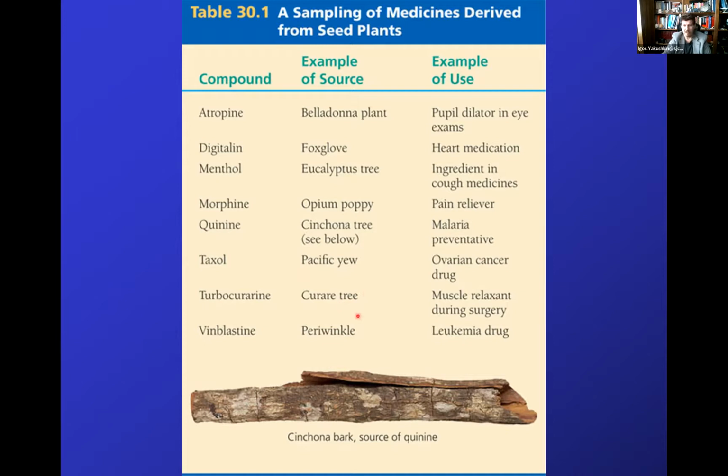Curare, a muscle relaxant during surgery, and of course at a high concentration of tubocurarine, all of the muscles can relax and the person can die, and so on and so forth. But yes, we have quite a few usages for plants, for food as well as medicine.